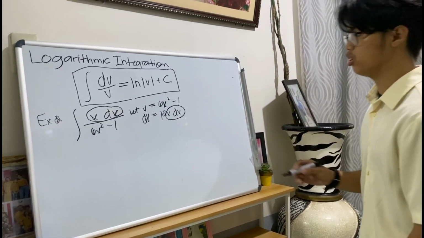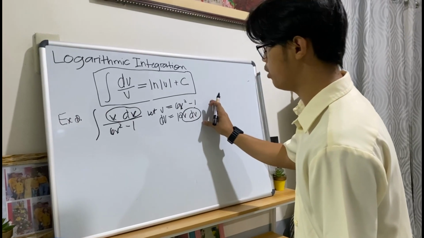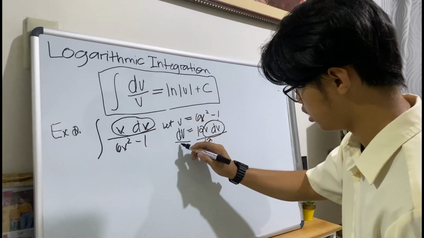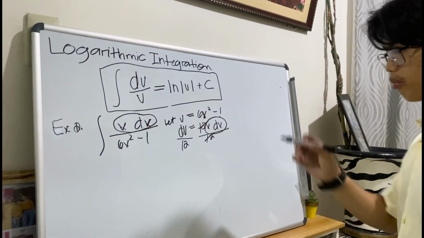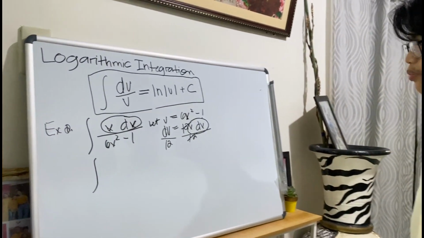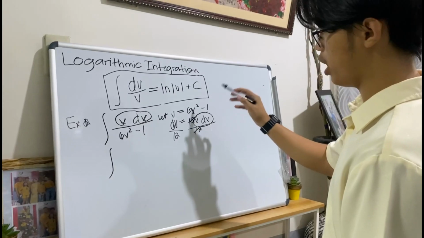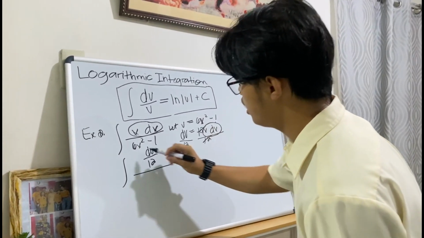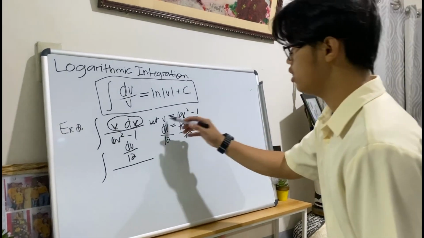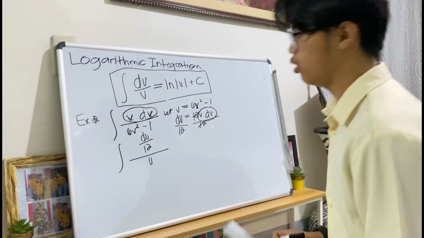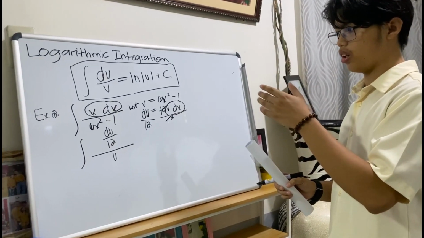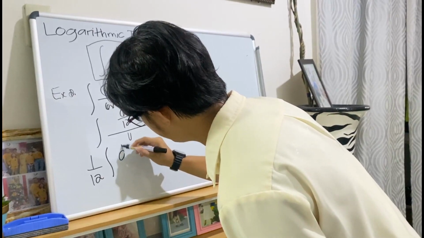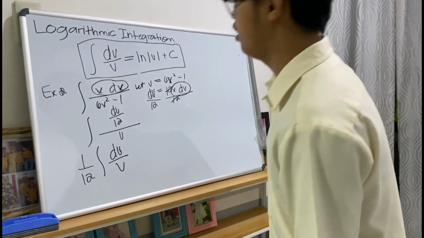So we can now substitute the value of v dv here, which is du over 12, and our 6v squared minus 1 is u. So if we put 1 over 12 outside our integrand, we have now our answer.